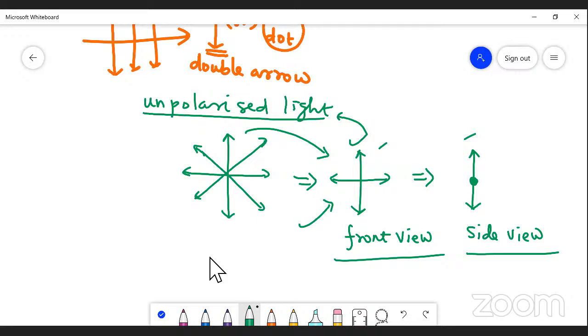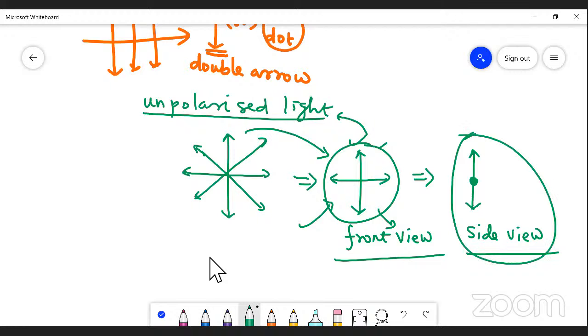So unpolarized light is represented by many double arrows, or two mutually perpendicular double arrows, or a double arrow with the dot. Here the two mutually perpendicular double arrows are a front view of unpolarized light. The side view of unpolarized light is represented by a double arrow with the dot. But all the images show unpolarized light. Okay? Is it clear? Right.